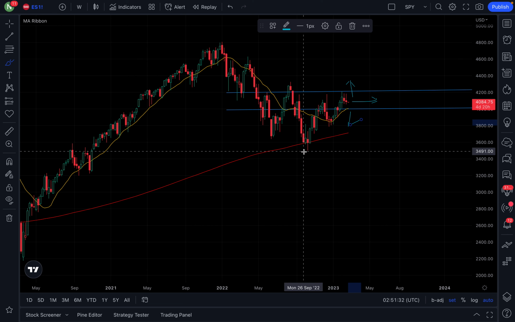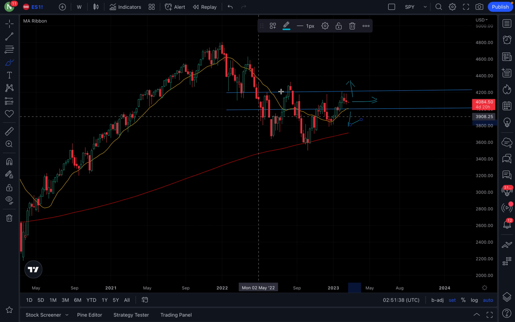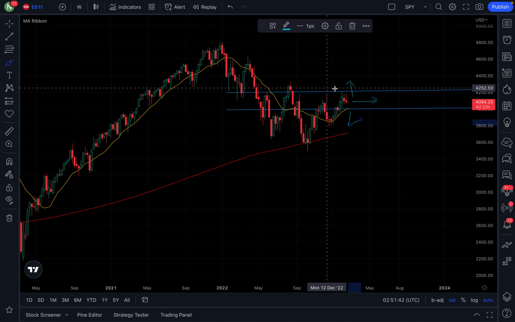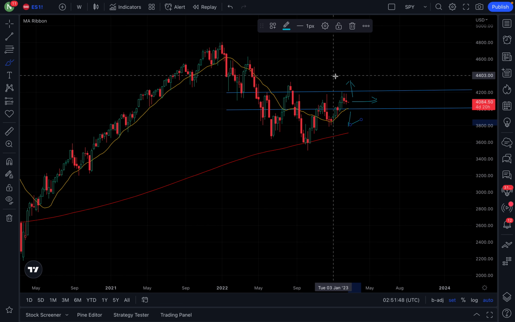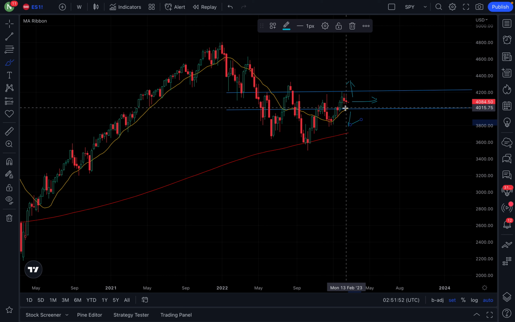So how will we know when to do what? Again, going back to the fundamentals, support and resistance. This area of 4,200 is obviously a huge area of resistance. We have tried it 1, 2, 3, now 4 times. So what am I looking for from the market right now?